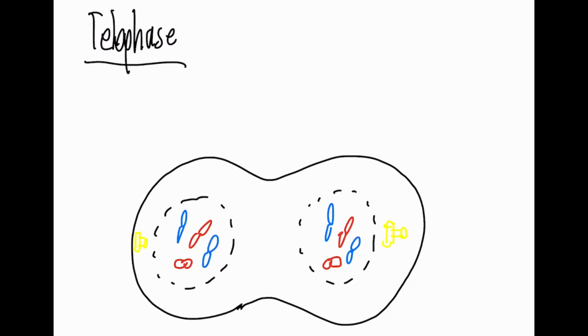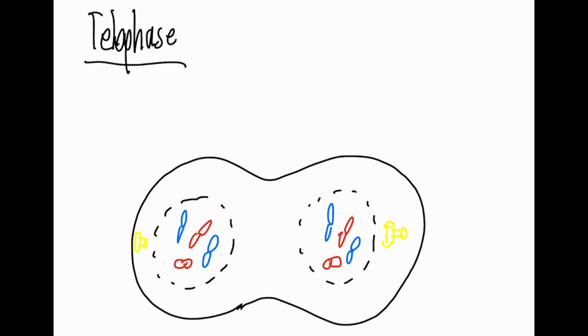Telophase is the fourth and final stage of mitosis, and it occurs right after anaphase. So it occurs right after when all the sister chromatids have finally reached the poles of the cells. The pole of the cell, or in other words, the end of the cell.